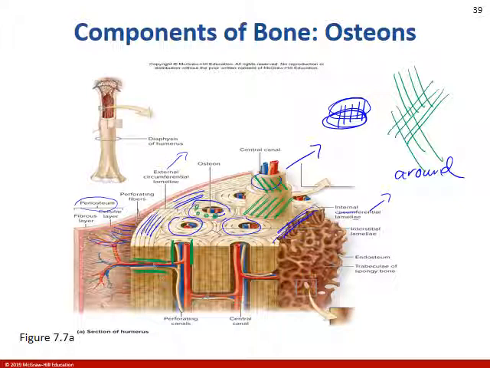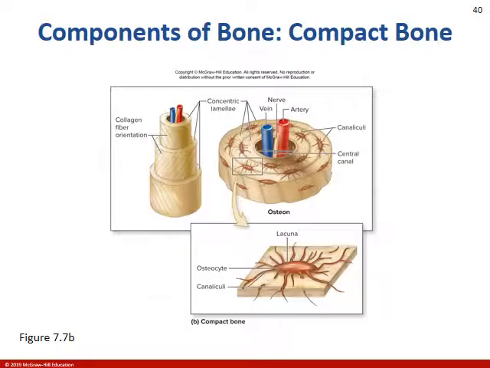So there's kind of more than meets the eye here to the component of compact bone. It's not just the hardening with the hydroxyapatite, but it's also the arrangement of the collagen fibers that gives us this strength. Another image here showing you the collagen fiber direction that's giving us stability, kind of driving home that we have osteocytes that are trapped in the concentric lamella.